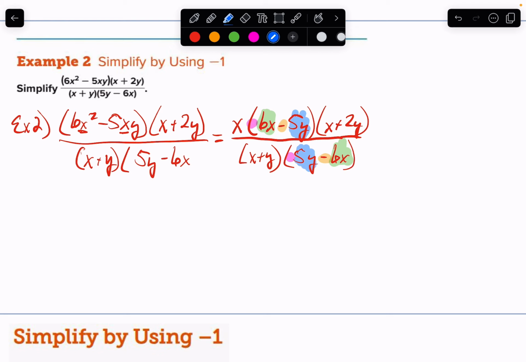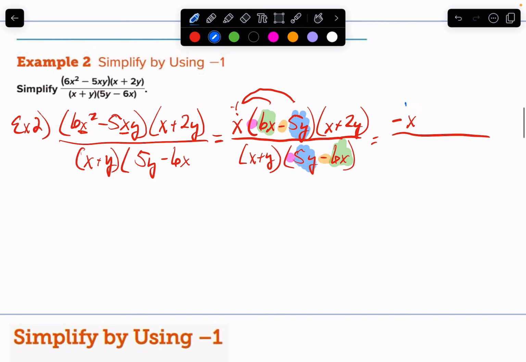So what I can do is pull a negative 1 out of both of those. I can now say negative x. That's just like saying negative 1x. I've pulled the negative 1 out. That's going to switch my signs. That'll make that negative 6x plus 5y, and x plus 2y over x plus y times 5y minus 6x.